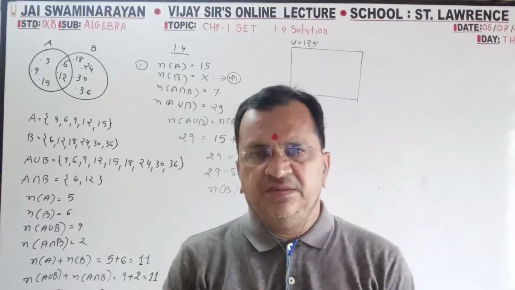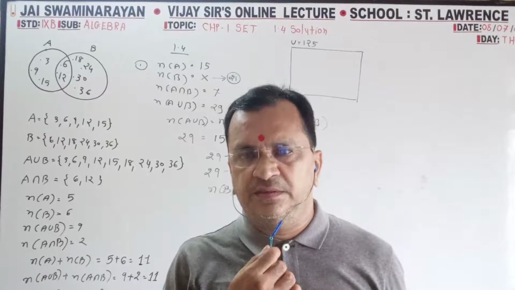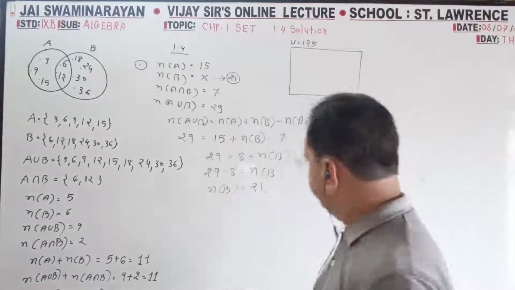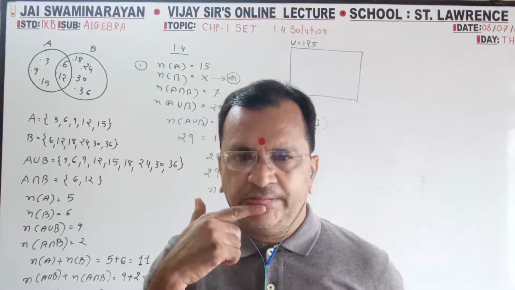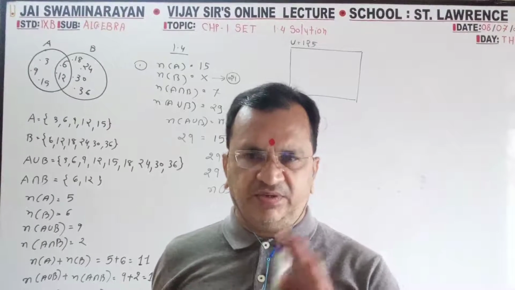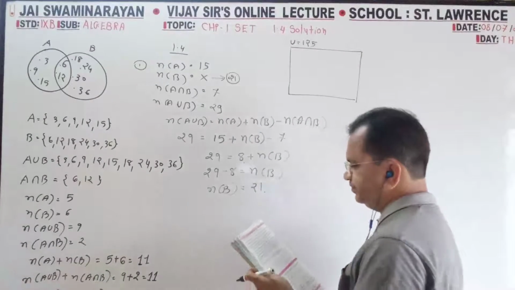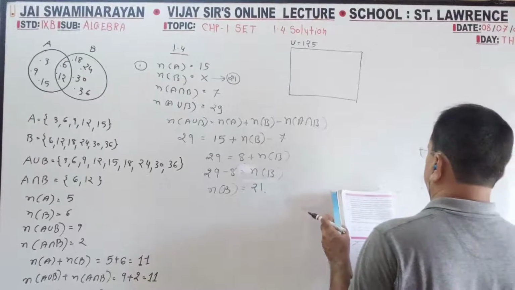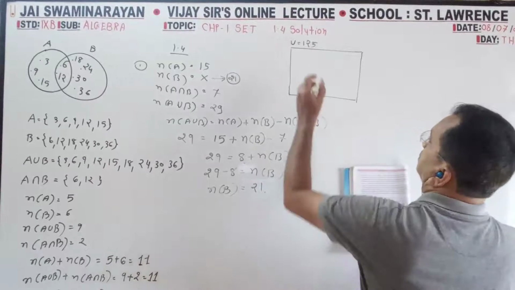Now see, voice and screen clear? It is fluctuating, that is why. Wait till 10 seconds because it is fluctuating. There are total 125 students. 80 drink tea, 60 drink coffee, 20 drink both.